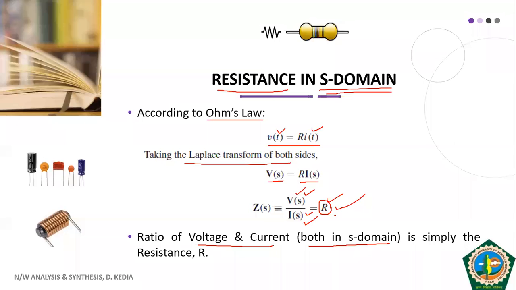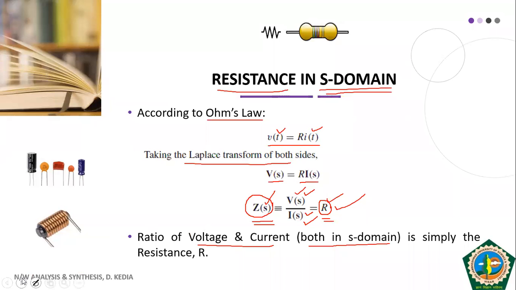I'm also representing V(s) by I(s) as Z(s), which is nothing but impedance in S. Impedance incorporates your resistance, inductance, and capacitance also. That's why impedance is shown as a function of S, whereas if you have only resistance in the circuit, it will be R. So R will be represented as R in your S domain. No need to worry about R.